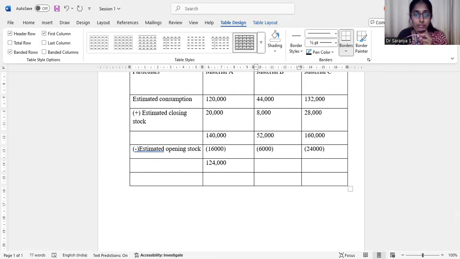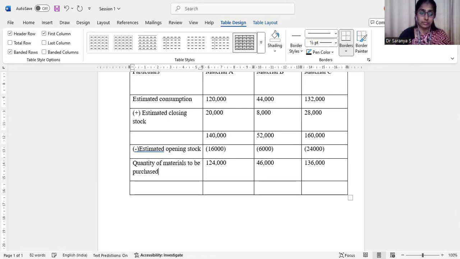Then from 52,000, if we do minus 6,000, we will get 46,000. Then from 1,60,000, if you deduct 24,000, you will get 1,36,000. So this will be called the quantity of materials to be purchased. This much quantity we have to purchase.